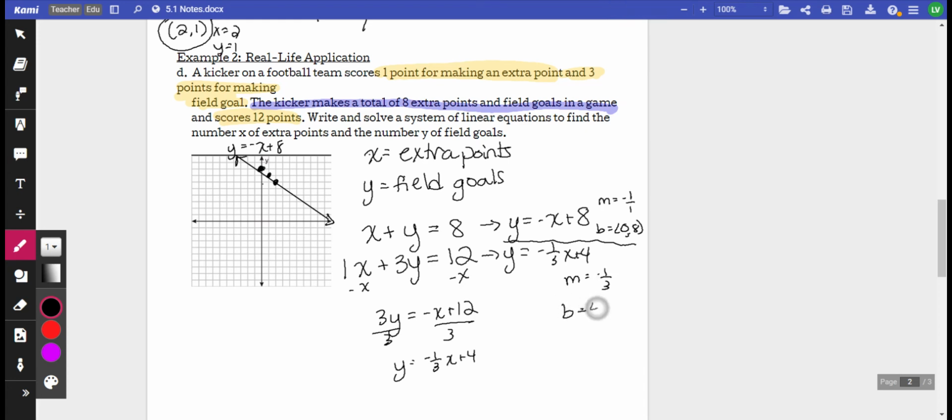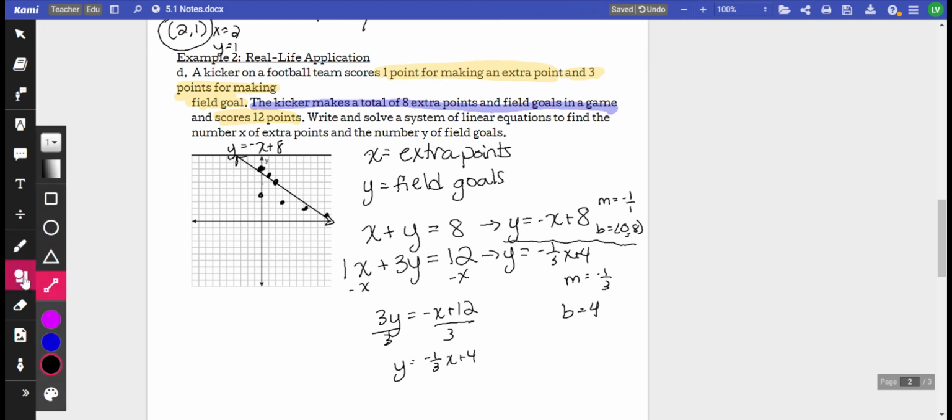My y-intercept is 4. So I go up 1, 2, 3, 4. And then I go down 1 to the right, 1, 2, 3. Down 1 to the right, 1, 2, 3. Down 1 to the right, 1, 2, 3. Okay. And then I'm going to draw my line.